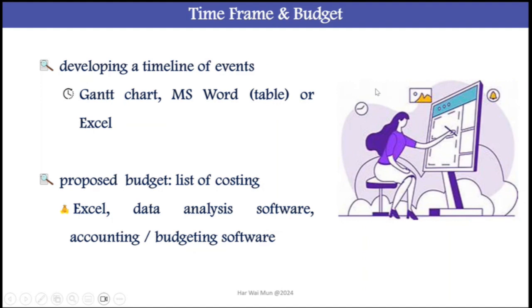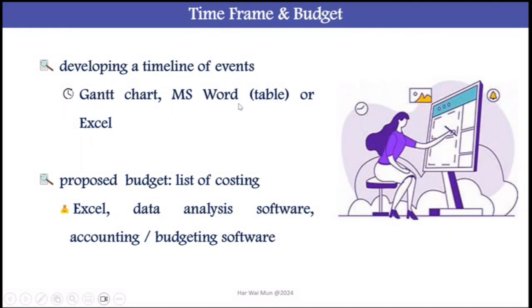In another column, you take the months starting from, let's say now it's August, September, October, November, December, then January 2025, February 2025, and you just tick or highlight the box. So using Microsoft Word in a simple way, I think, will be sufficient.